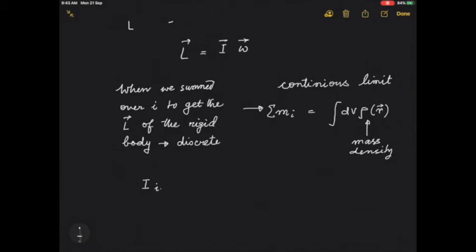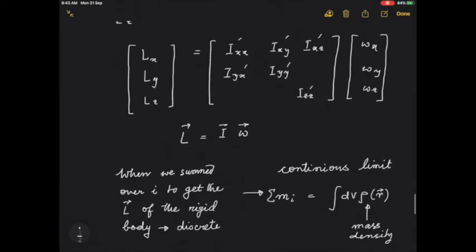If you do so, then you can write the ijth component of the moment of inertia tensor. So this is called the moment of inertia tensor.